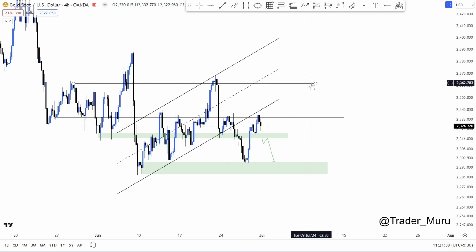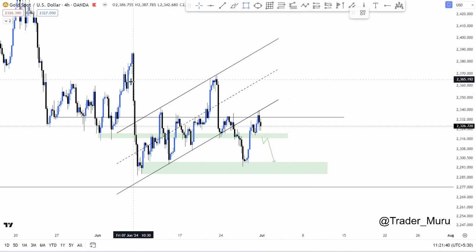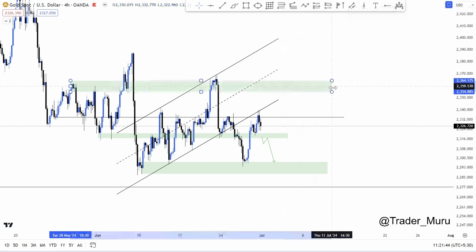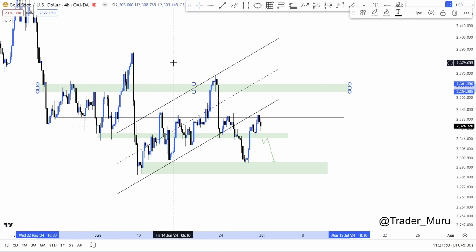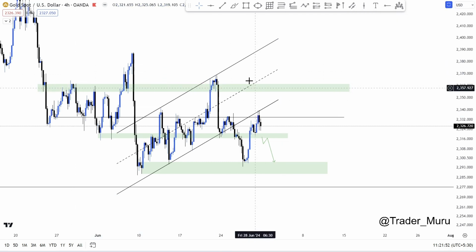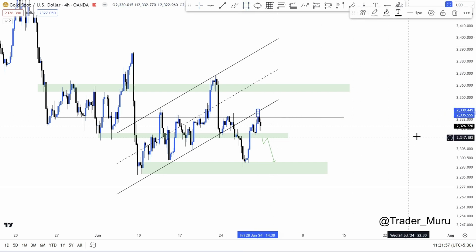This zone, let me just mark it as a zone. Okay, so this is the zone you can expect if gold breaks above this high.